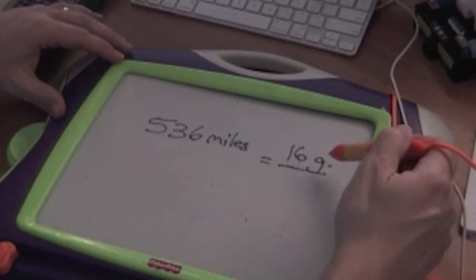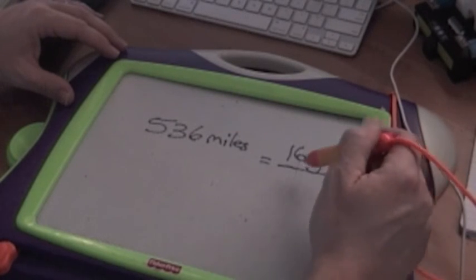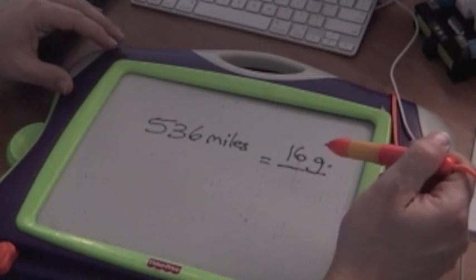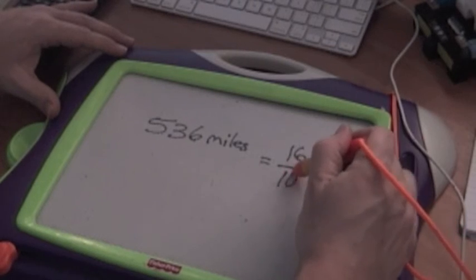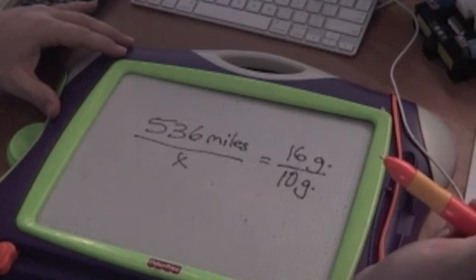So the right-hand side I've already established are going to be the gallons. Everything on this side is going to be gallons. It doesn't have to be that way each and every time. You can set proportions up in a variety of ways. This is just one way.